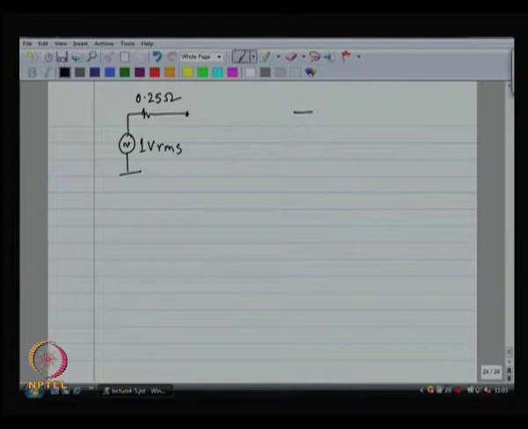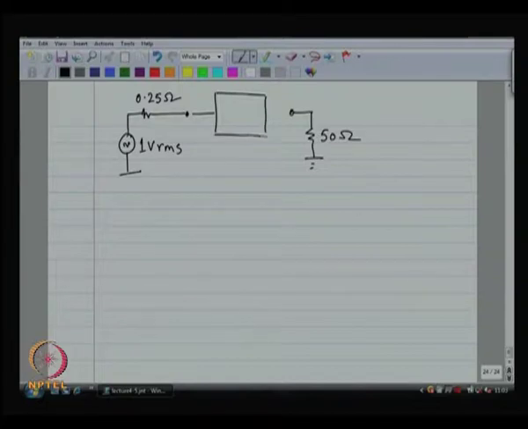The antenna looks like a 50 ohm resistor. So, I need a matching network in between that matches the source to the load, right.